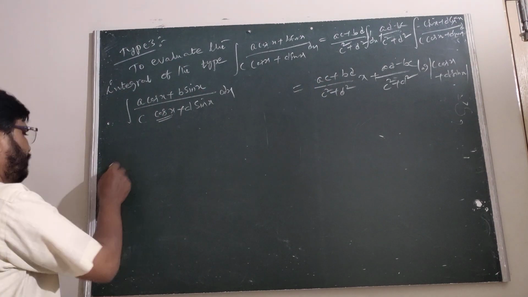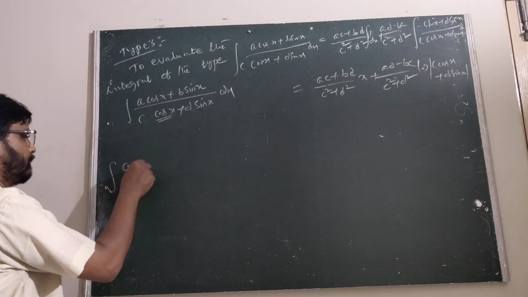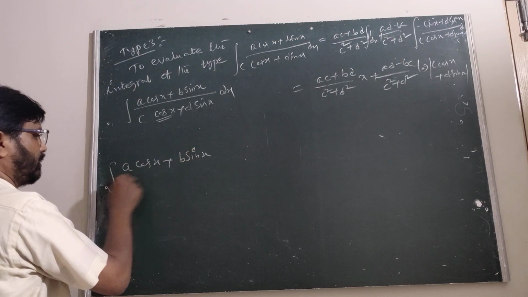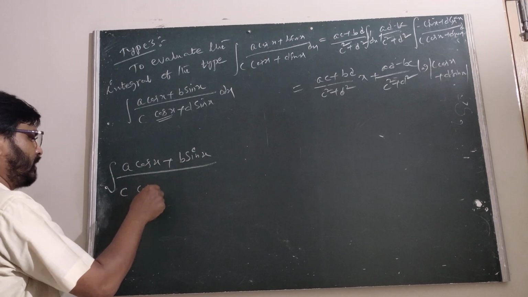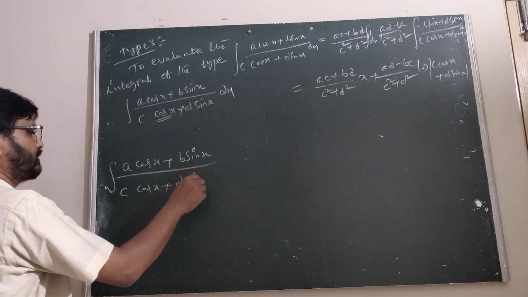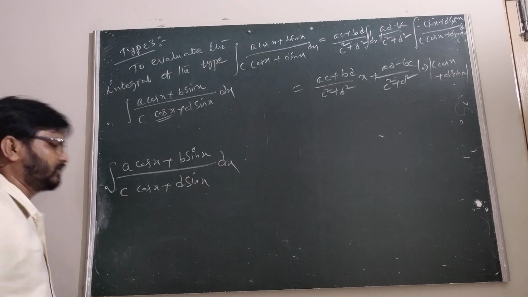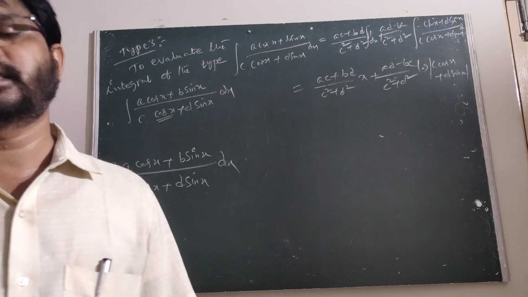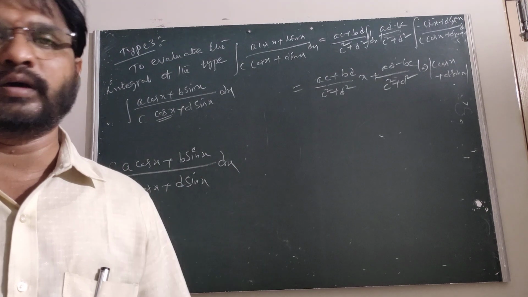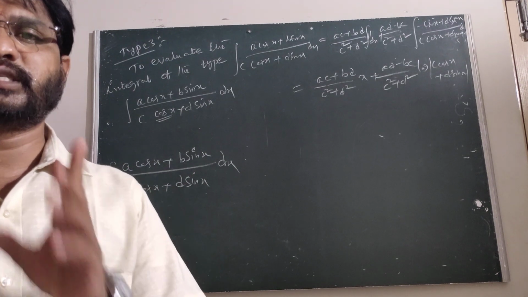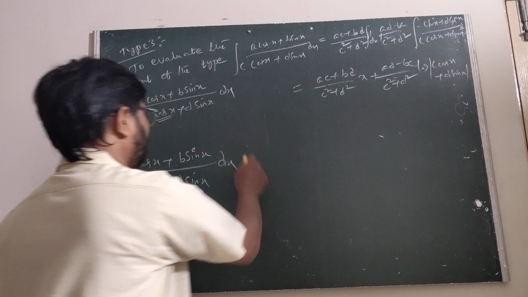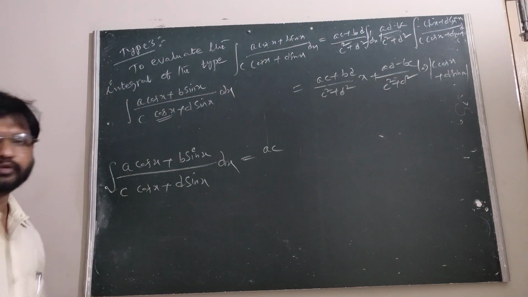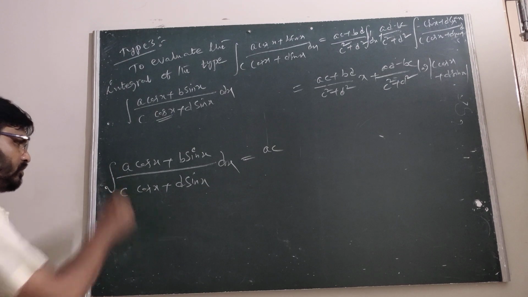Therefore, we can write that when the integral is A cos x plus B sin x upon C cos x plus D sin x into dx, then it will be AC, A into C. All of you please remember this one.